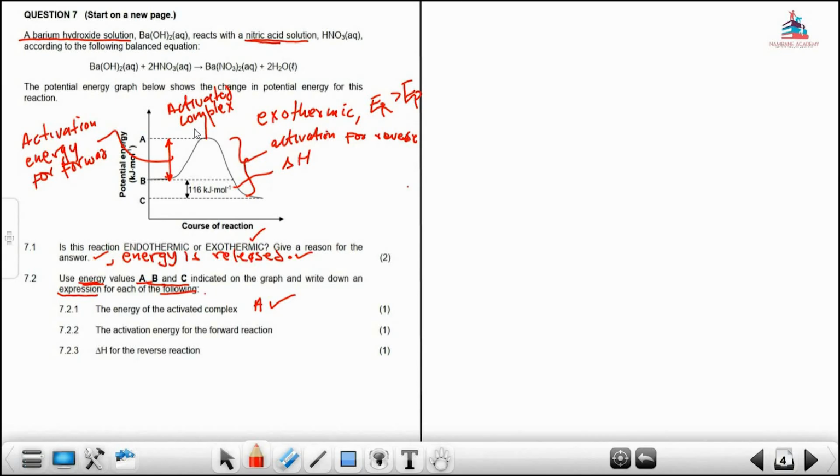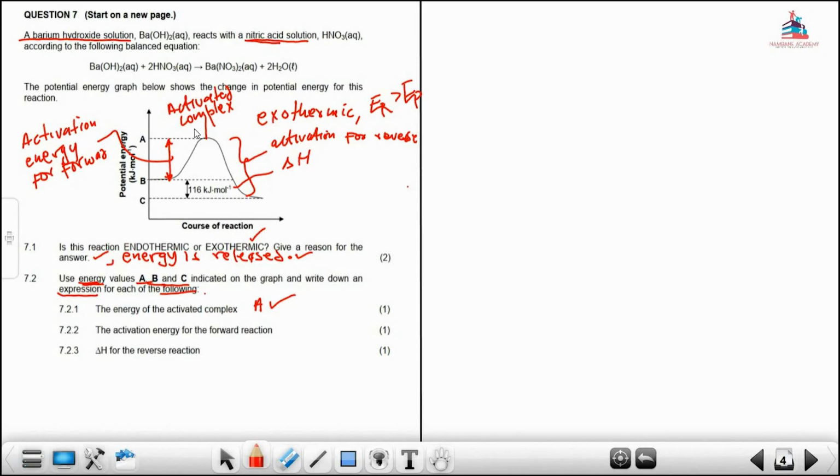Which letter represents now the activation energy for the forward reaction? AB. What if I say BA? Am I wrong to say so?